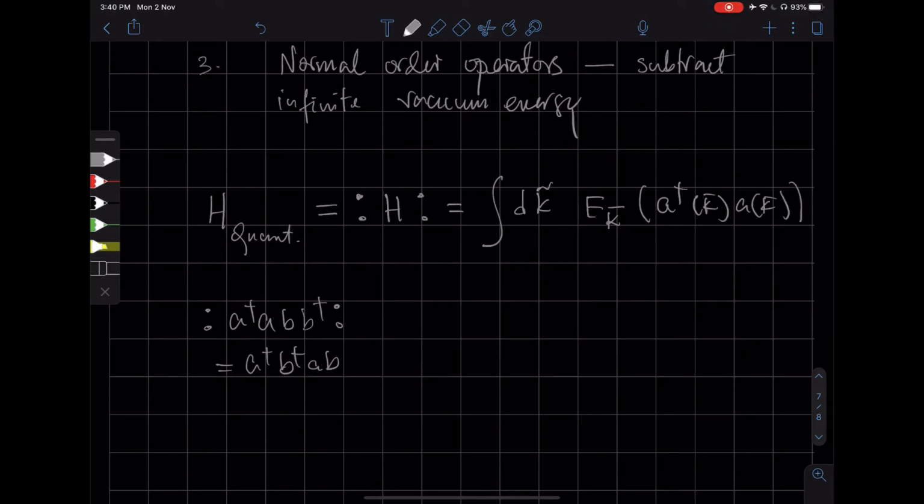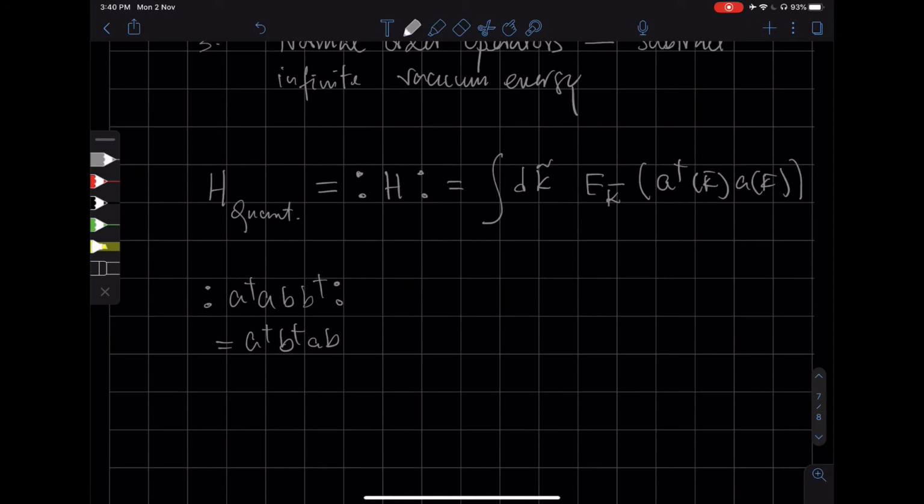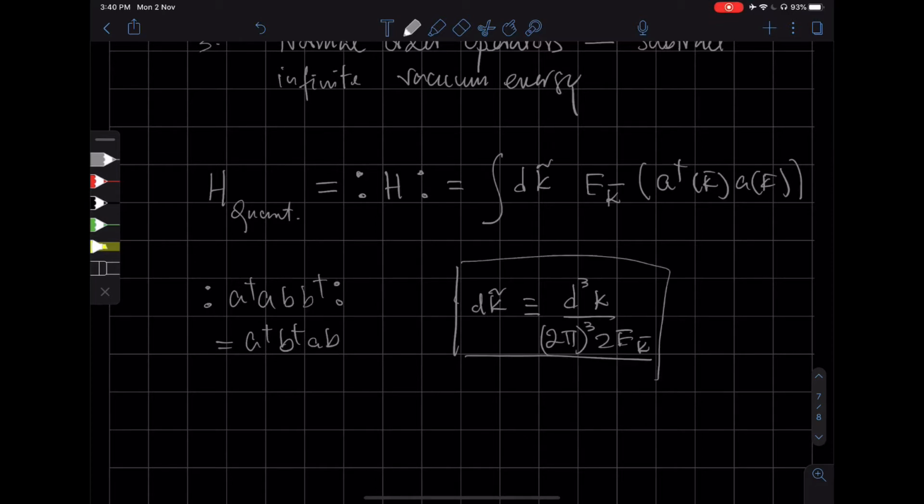And here we are introducing a shorthand whereby dk tilde means d cubed k divided by (2 pi) cubed 2 E_k. This is what we define. From now on, we will be using this shorthand notation. So this is something we have derived in a previous lecture.